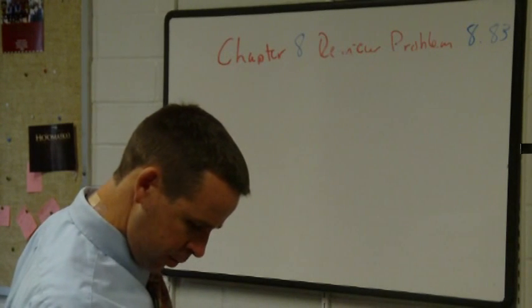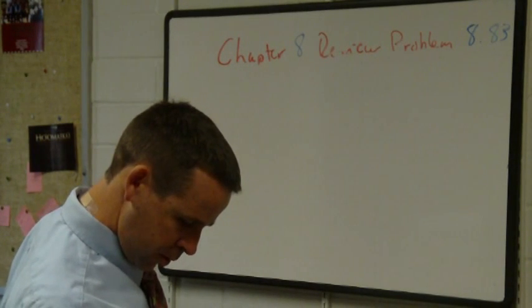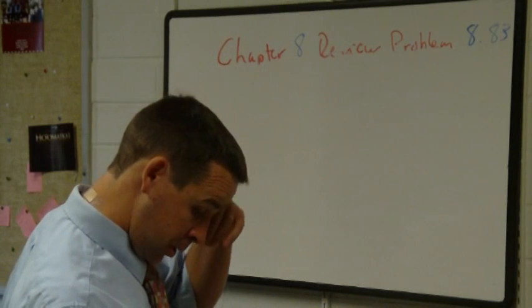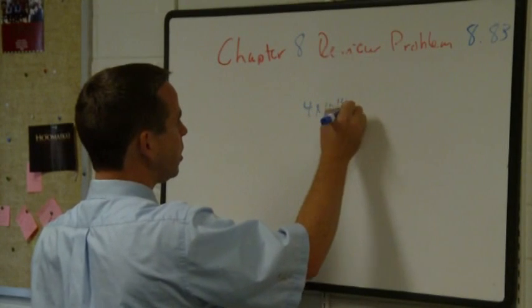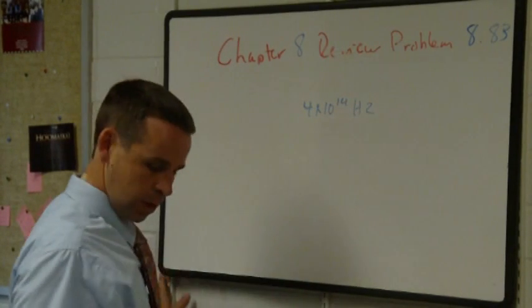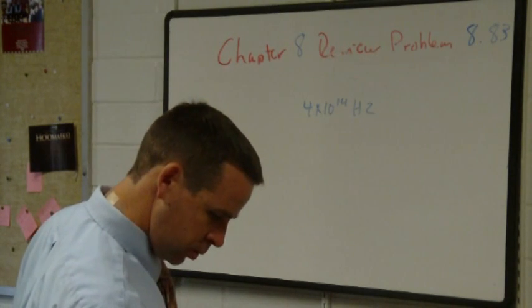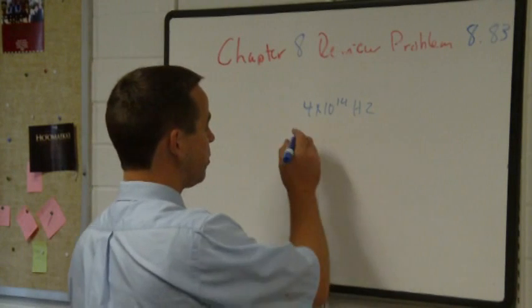883. Calculate the energy in joules of a photon of red light having a frequency of 4 times 10 to the 14th hertz. What's the energy of 1 mole of these photons? Alright, 4 times 10 to the 14th, and that's in hertz. To find the energy of the photon, we need to know that energy is equal to Planck's constant times frequency.